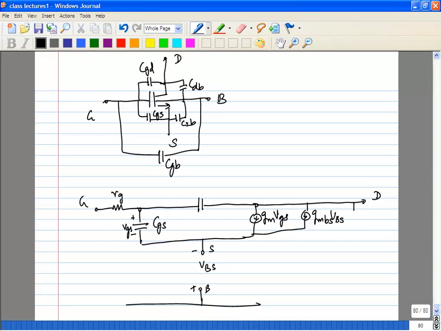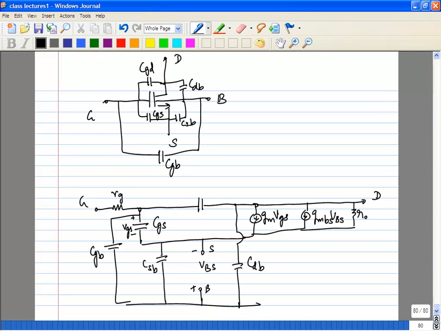Then you have the R out of the device, and then CGB, CSB, CDB. So this is the small signal model of the transistor you are going to use in most cases.